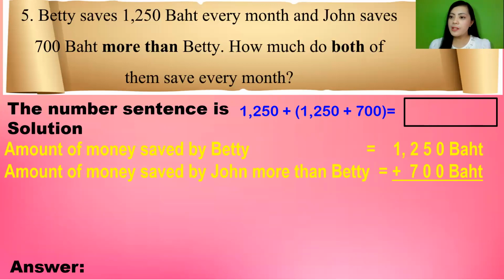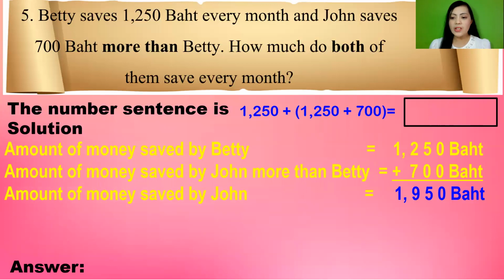So 0 plus 0 equal to 0, 5 plus 0 equal to 5, 2 plus 7 equal to 9, and the answer is 1,950. So the amount of money saved by John, there you have it. We found already how much money John saves is 1,950 baht.